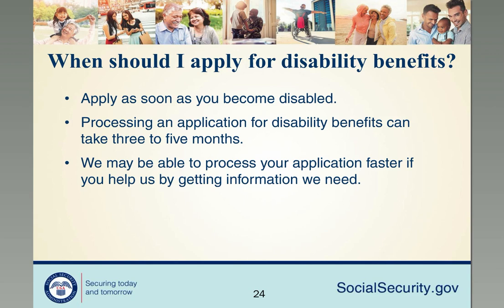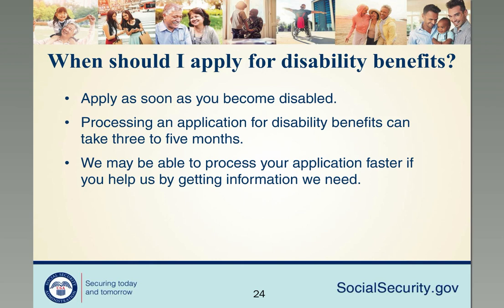We need to know about that because typically people are not approved for one single item. They're usually approved for a combination of disabling conditions that prevent them from working. So when you're helping someone fill out paperwork or complete their application online, you want to list every single thing that prevents them from working.